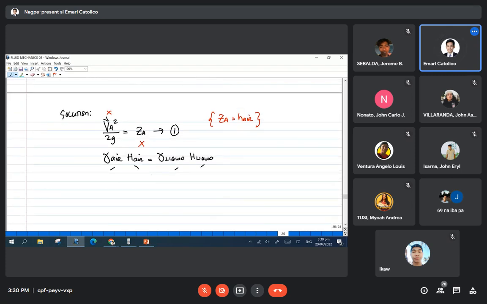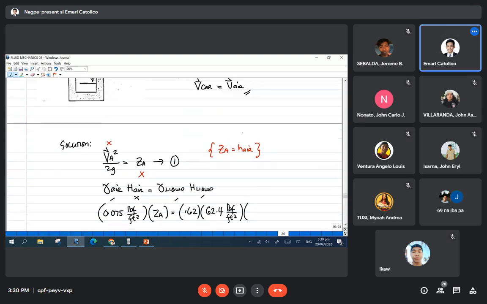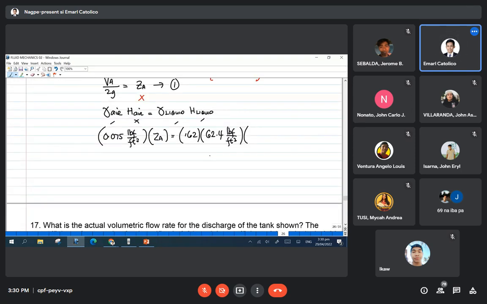Gamma ng air, so makukuha natin si H. Okay? So gamma ng air is 0.075 pound force per cubic feet. H ng air, yan yung ating H. Gamma ng liquid is 0.62 times 62.4 pound force per cubic feet. H ng liquid natin ay yan, 3 inch. So 3 over 12 in terms of feet na siya.